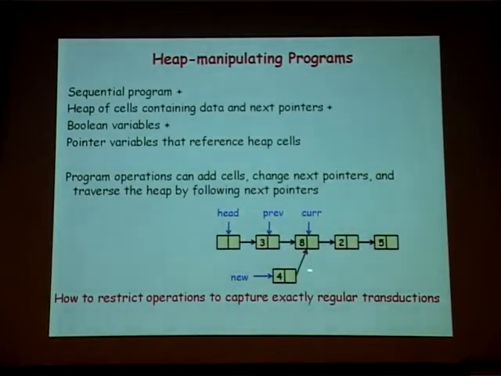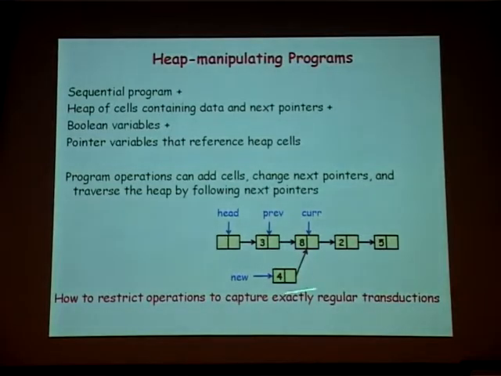This program is trying to insert some cell into this list. If you remember how you write these programs, there would be a prev pointer pointing to the previous cell, and a current pointer pointing to the current cell. You create a new cell, and you change the next pointer of new to current. At some point you would swing the next pointer of prev to new.